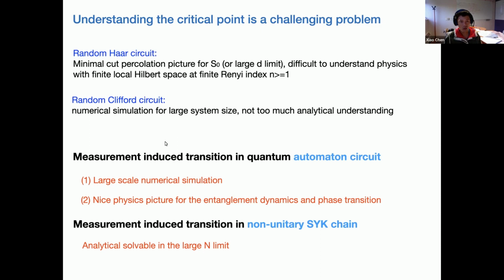So in this talk, I will consider two types of circuit. One is a quantum automaton circuit. Another type of circuit is based on the SYK model. In those two types of system, we can both do numerical simulation and some analytical calculation for them. Questions so far?